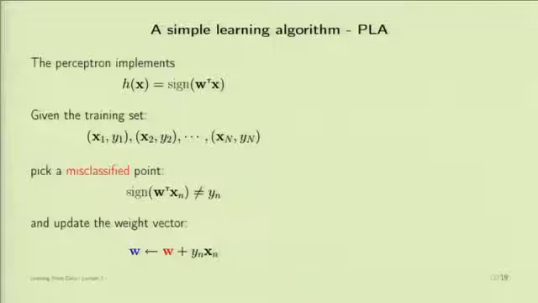Let me first try to explain the inner product in terms of agreement or disagreement. If you have the vector x and the vector w this way, their inner product will be positive, and the sign will give you a +1. If they are this way, the inner product will be negative, and the sign will be -1.